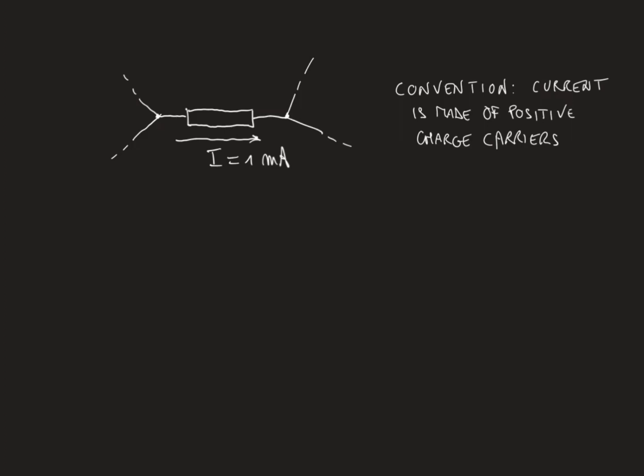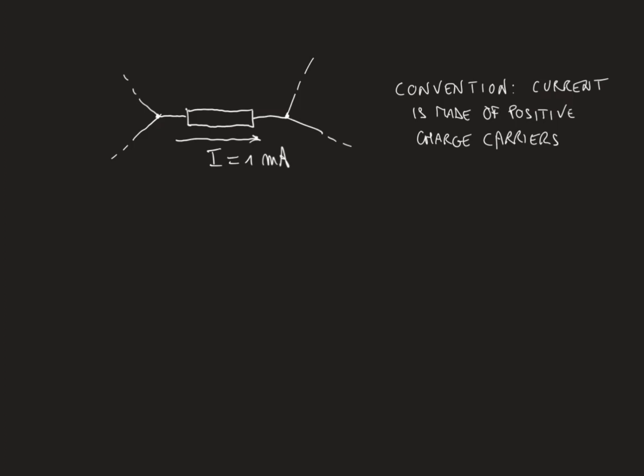This is not a problem at all. Negative electrons going one way are equivalent to positive charges going in the opposite direction. In fact, all the formulas used in electronics, such as Ohm's law, which we will be discussing later on, pretend that the current I is made up of positive charge carriers. We will always use this convention.